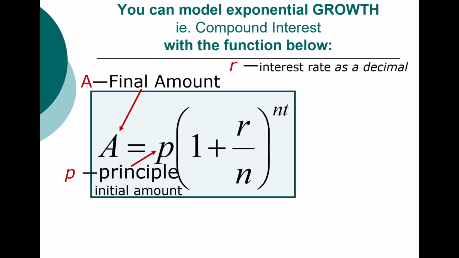R is another variable in our formula. It is the interest rate, and we write that as a decimal. So if they give it to you as a percent, we need to be able to convert percent to decimal. T is always going to be our time, and our time is calculated in years.